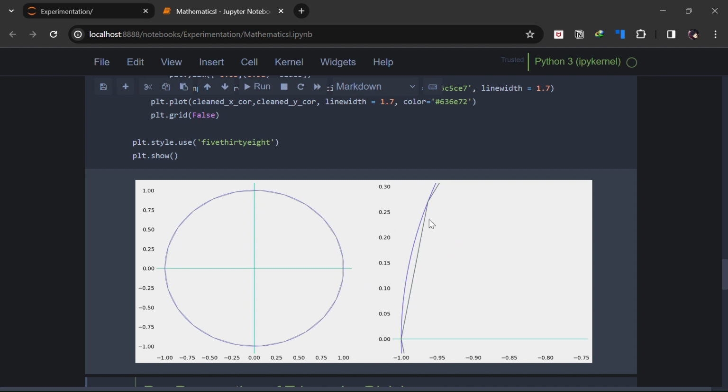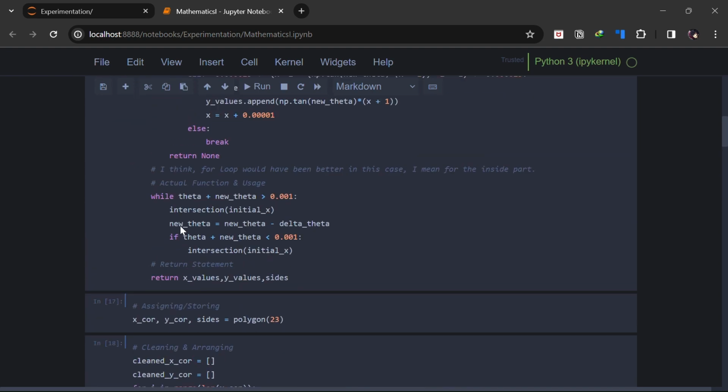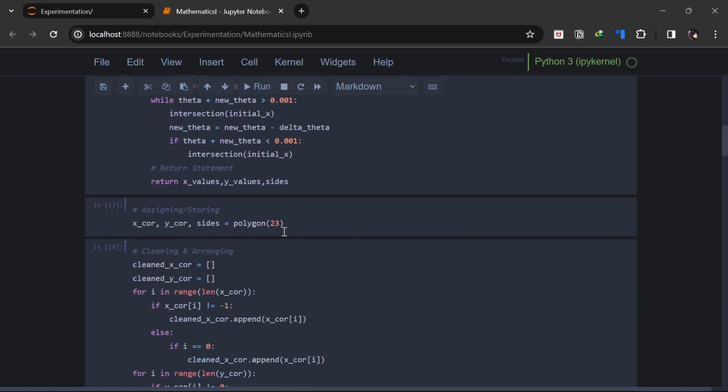In this portion of the graph, you can clearly see that you have these fine edges, but in this particular section, it becomes harder to see where the gaps are, where the edges are. Now, let's take it to an extreme and try out 47 maybe.